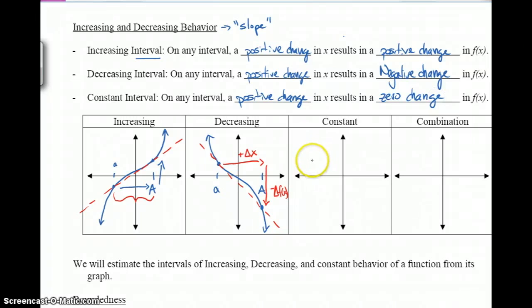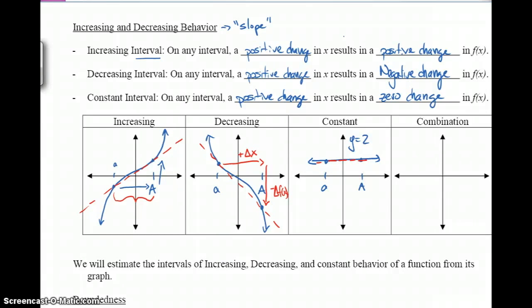We see this in equations like y equals 2. Okay, it's a constant function. It is just a flat line. So if I pick my capital A and lowercase a, I see that there is no change, that the slope of this line is 0.